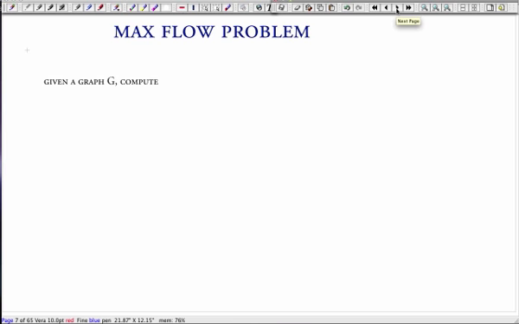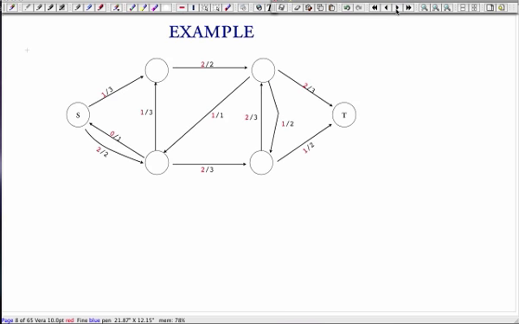So given a graph, we would like to compute this value. Over every possible flow that's valid, we would like to find the flow that has the largest value. Okay. So I think we went over examples.